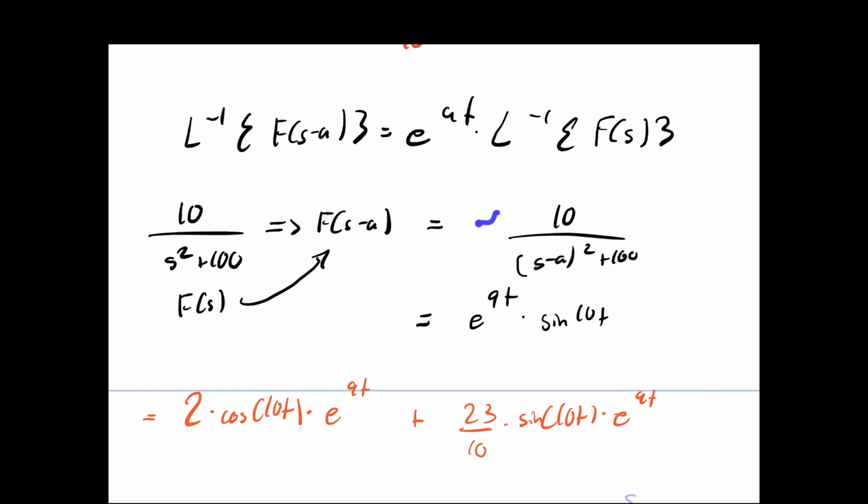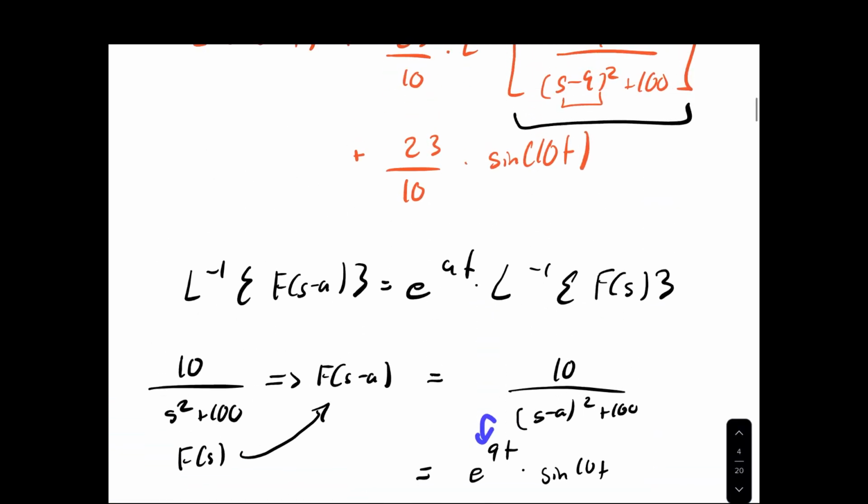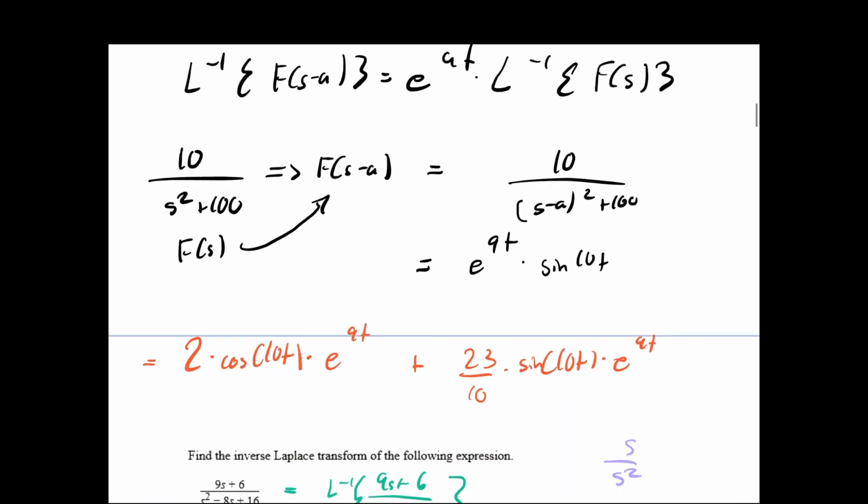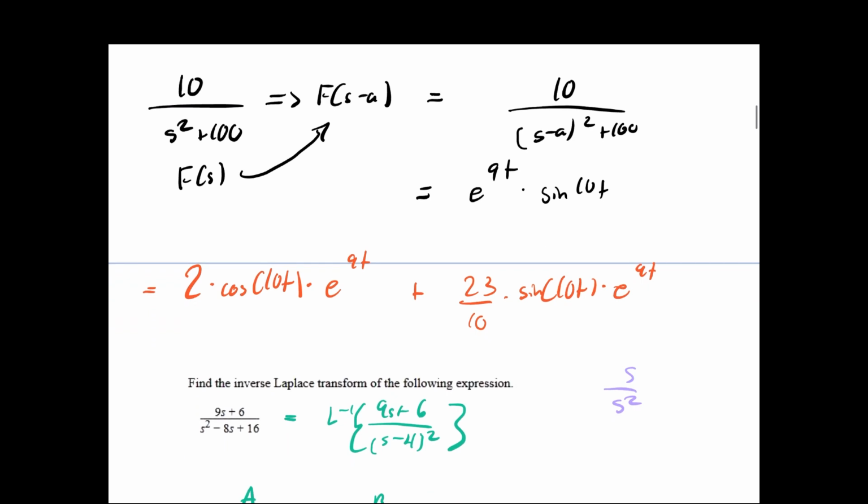And because we get something like this, we know that our a is 9, based on our previous question, right? And we just do e to the 9t times our initial f of s, and so combining everything together, this is my final solution. And I hope that makes sense.